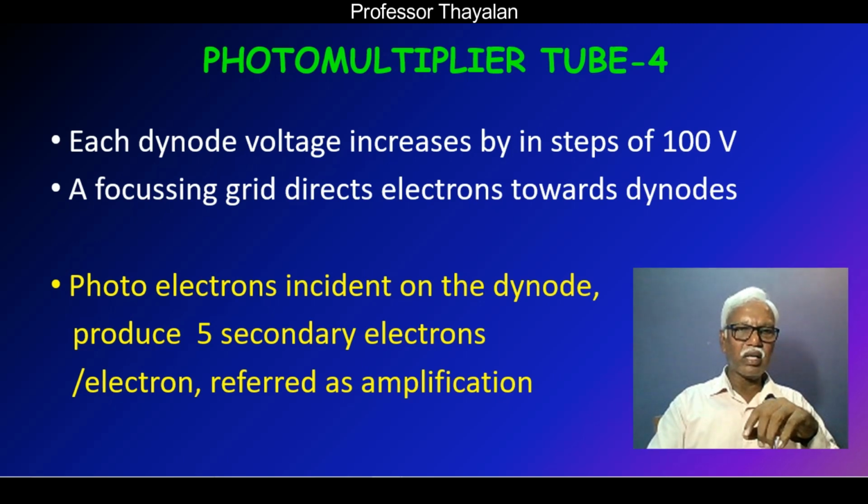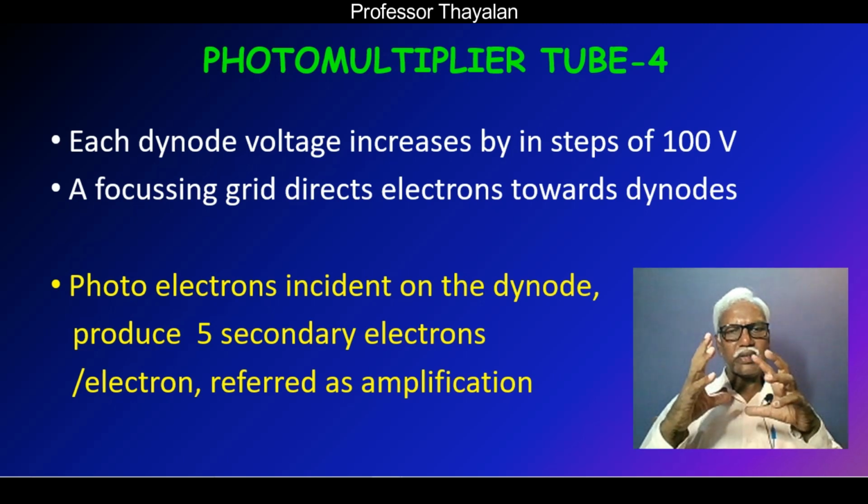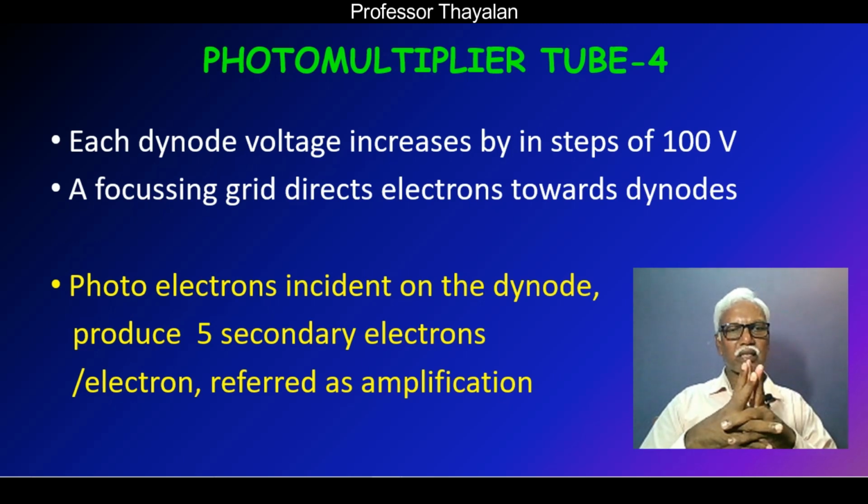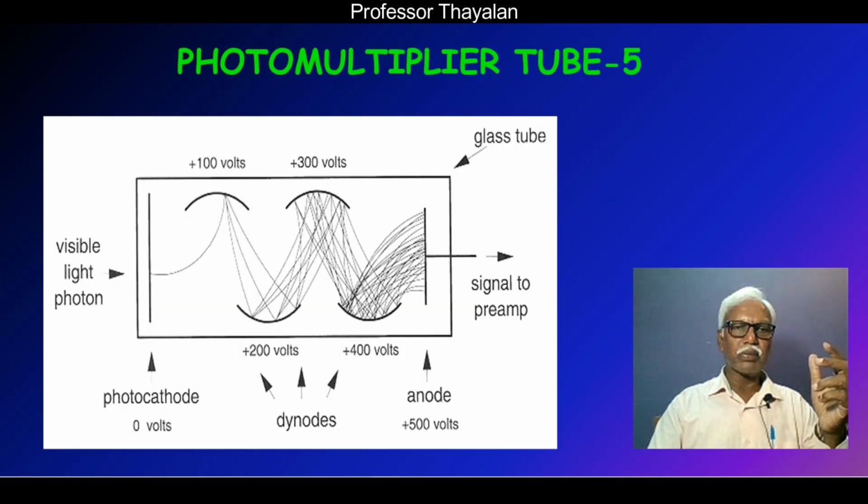When the electron falls on the diode, what happens? It produces 5 secondary electrons per electron. So suppose 1 electron falls on the diode, 5 secondary electrons are produced. Actually, this we call amplification. Similarly, at each diode additional electrons are produced, so the electron number goes up.